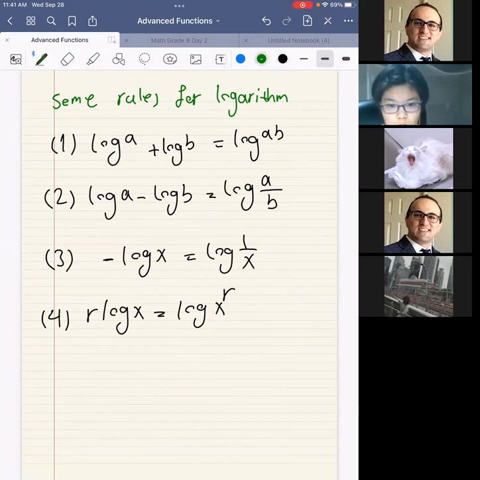These are equalities. That means log of x to the r is equal to r times log x.